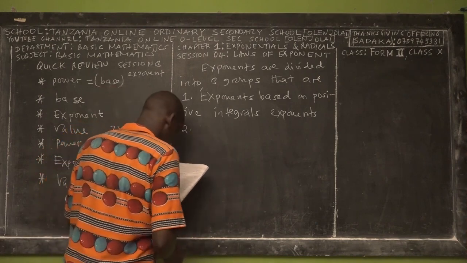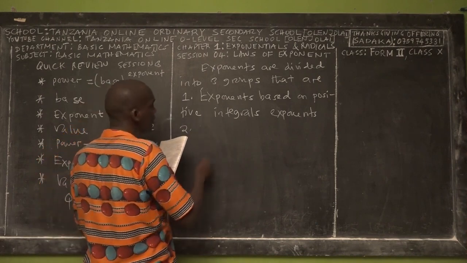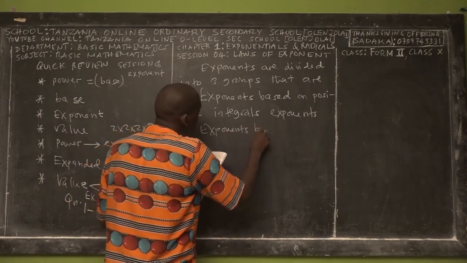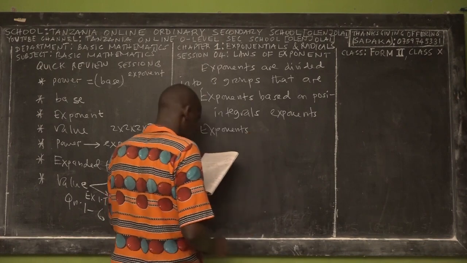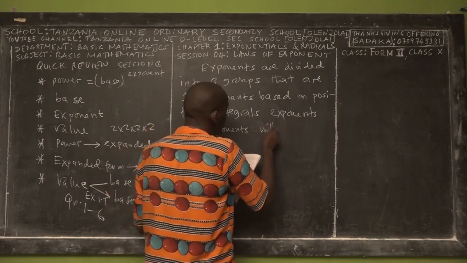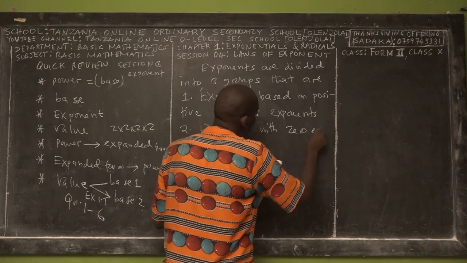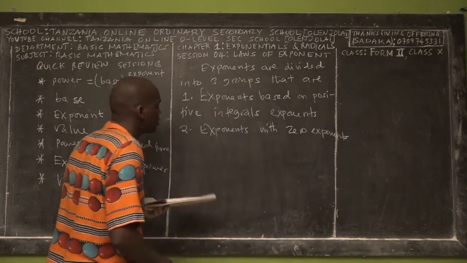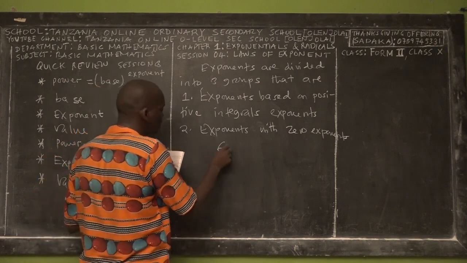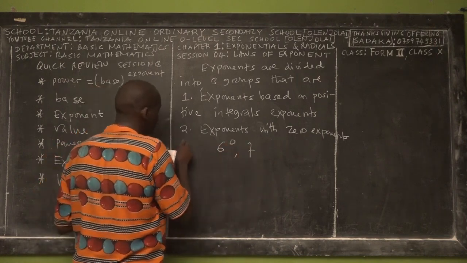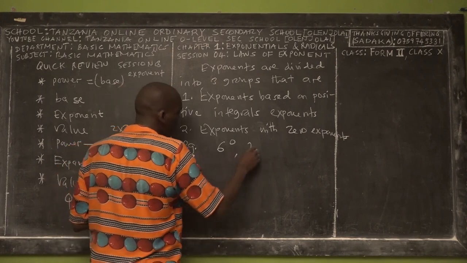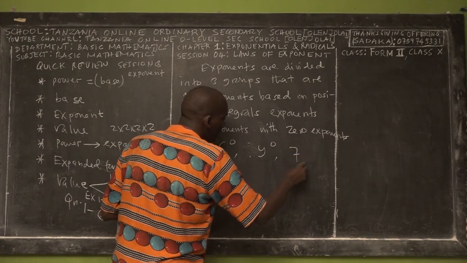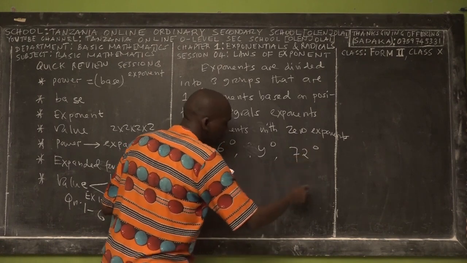Also, you have exponents with zero exponents. When you say zero exponents, for example, we have 6 power 0, or y power 0, or 72 power 0.